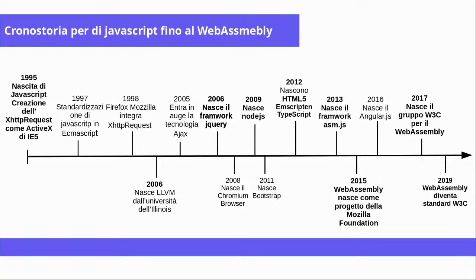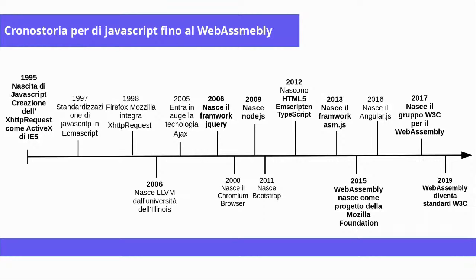In 2016, AngularJS was born from Google. In 2017, we have the World Wide Web Consortium group for WebAssembly. The work of the World Wide Web Consortium terminated in 2019 with standardization.